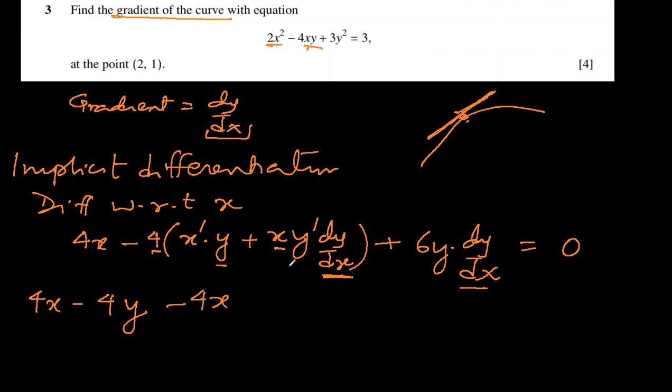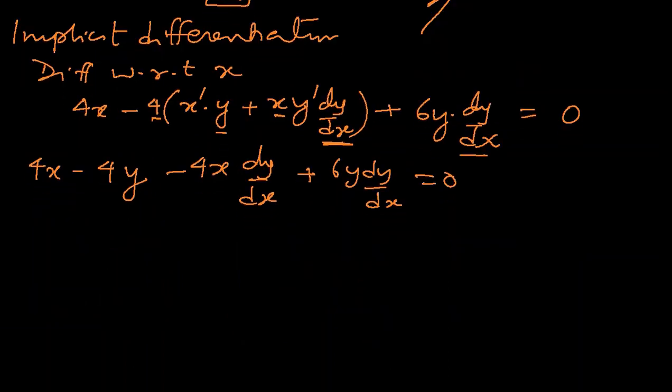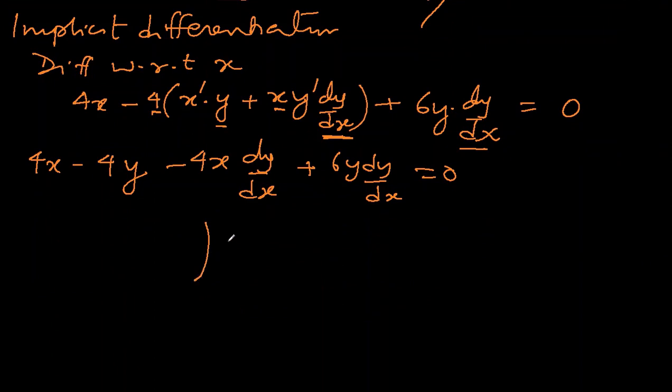When we differentiate y, it is 1, so no need to write it. We just write dy over dx because we differentiated y. Plus 6y dy over dx equal to 0. Keep these two with dy over dx on the left side itself and take it common. So minus 4x plus 6y.